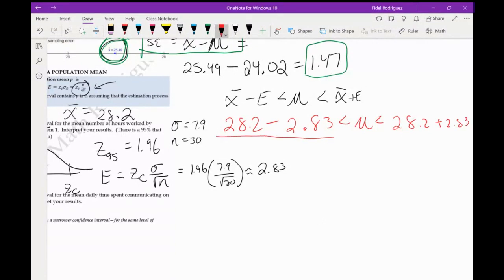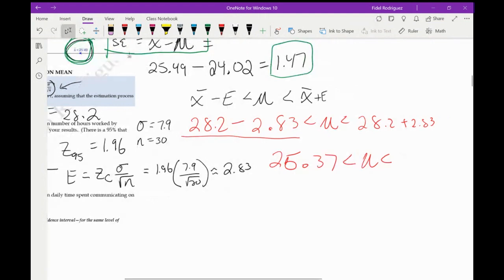I'll do this portion on my calculator. 28.2 minus 2.83 is 25.37, and then 28.2 plus 2.83 is 31.03.